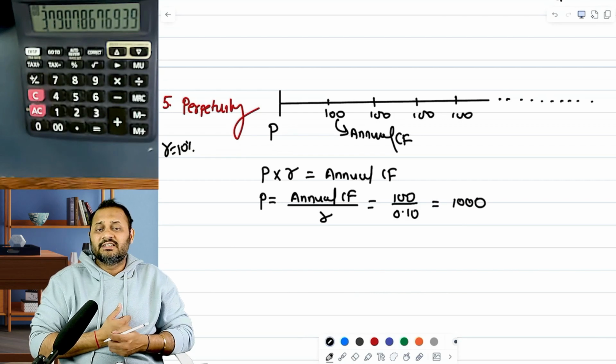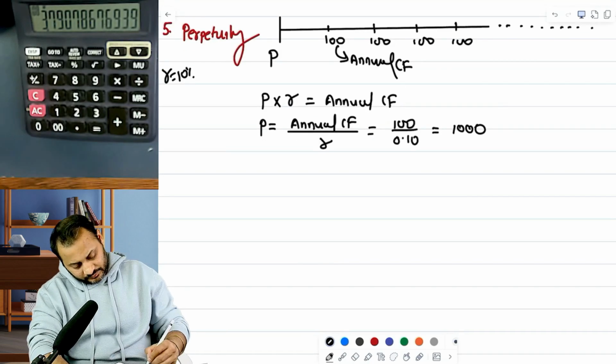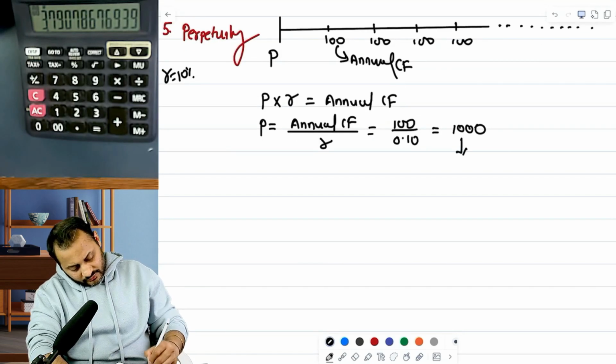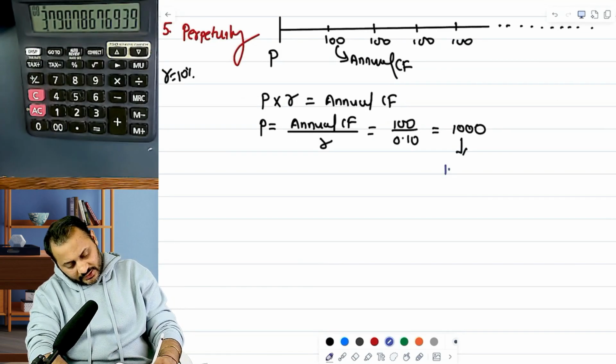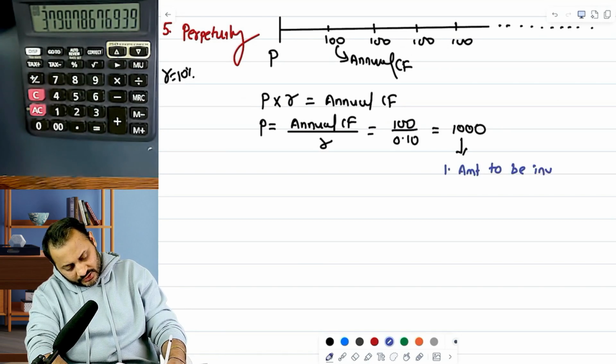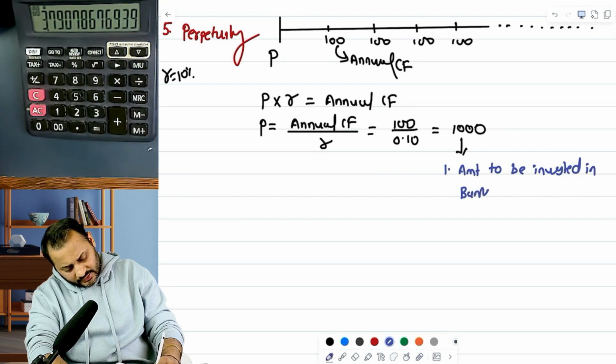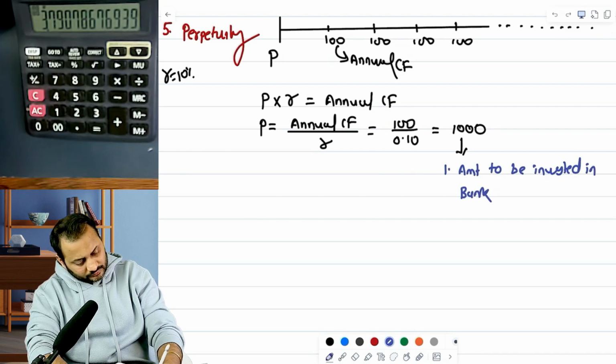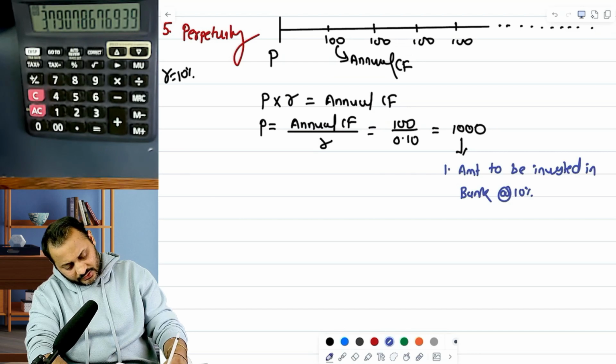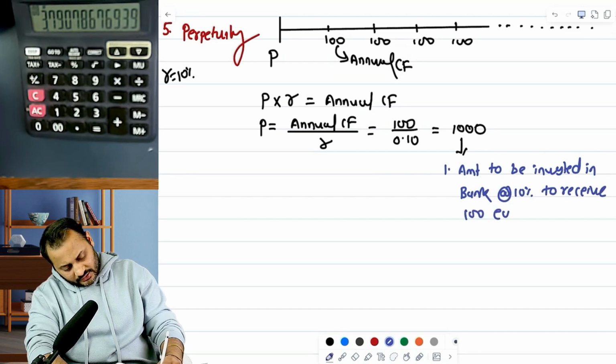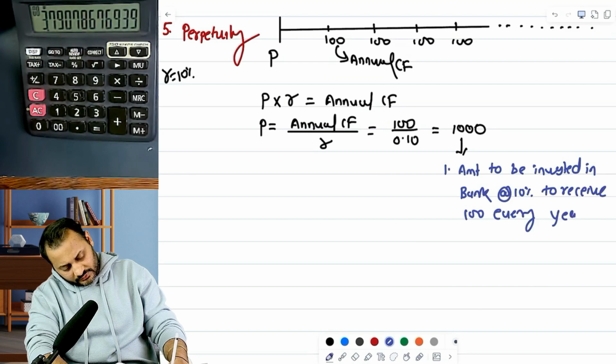This 1000 is nothing but, please understand, I will just write a couple of words. First we can call it the amount to be invested in bank at 10% to receive 100 every year.